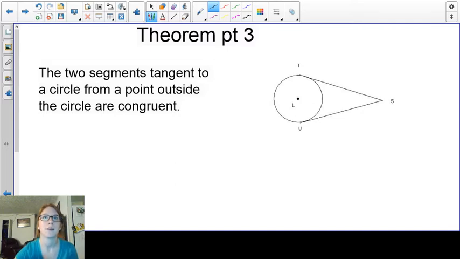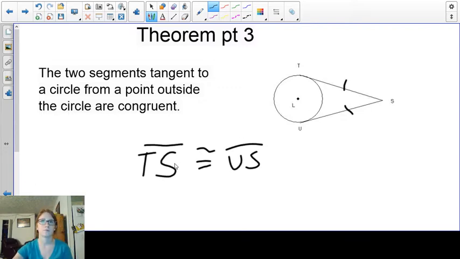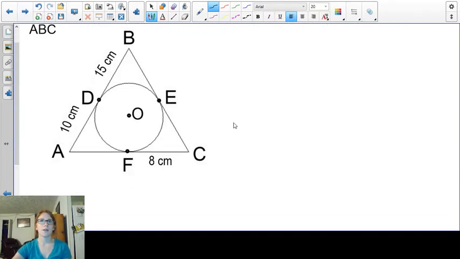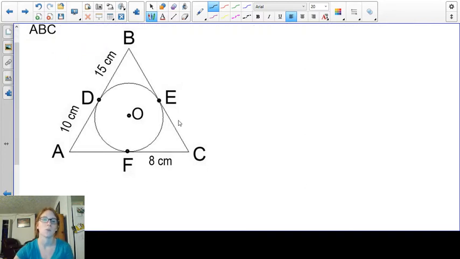Theorem part 3. Two segments tangent to a circle from a point outside the circle are congruent. So that means that TS and US are congruent. Okay. Circle O is inscribed in the triangle ABC. Find the perimeter of triangle ABC. So I'm going to scoot this up a little bit so we can see the whole problem.